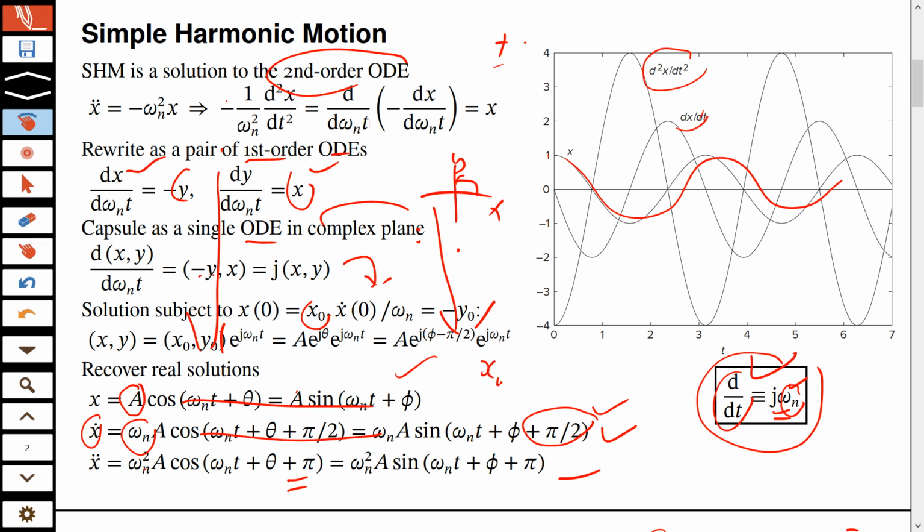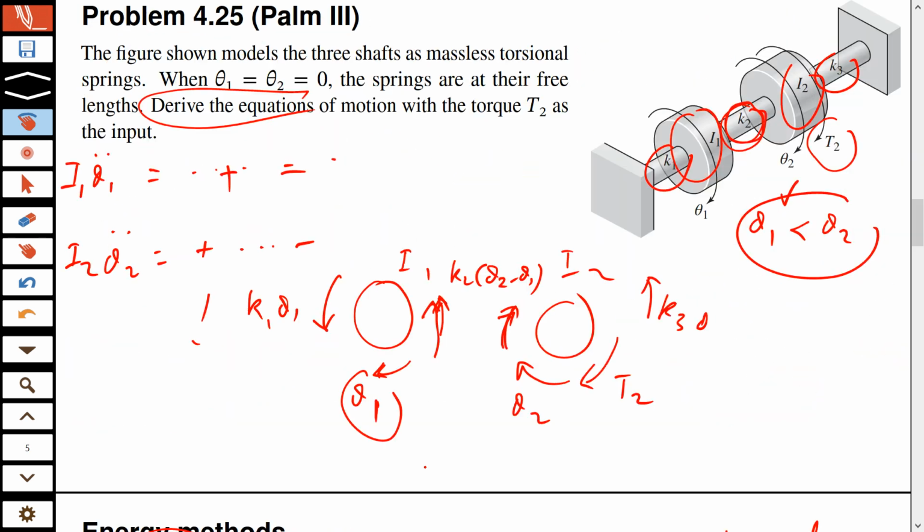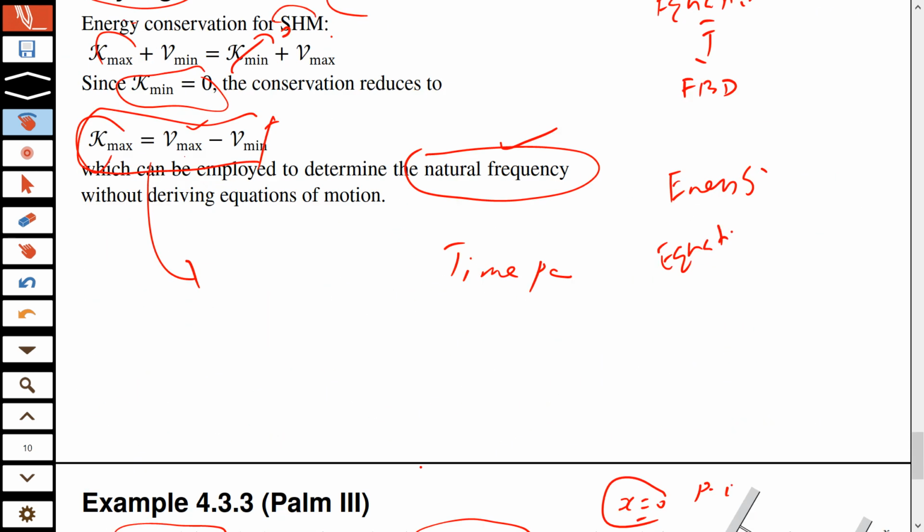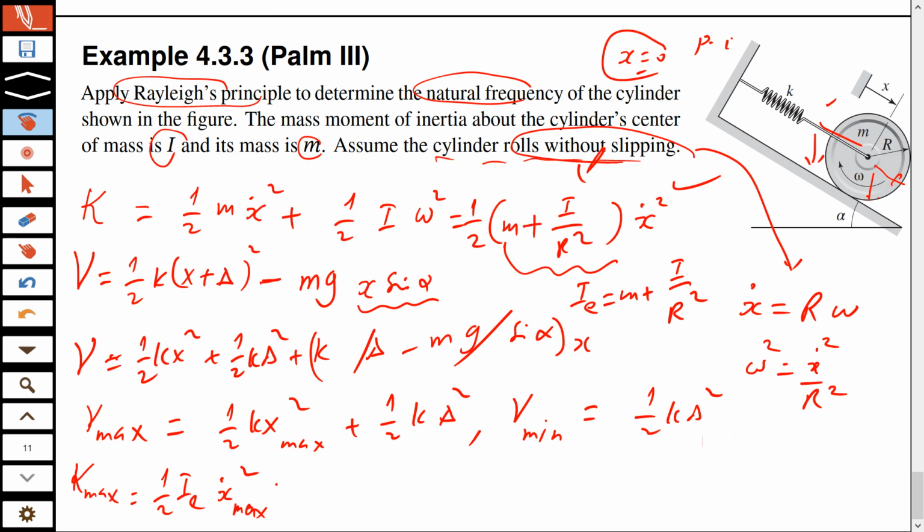If you know x max, multiply that by omega n and you will get x dot max. So the maximum of the derivative is the maximum times the natural frequency. We will just use that result here, and that is half IE, you can fill in the expression later, x dot max is omega n times x max, so omega n gets squared too.